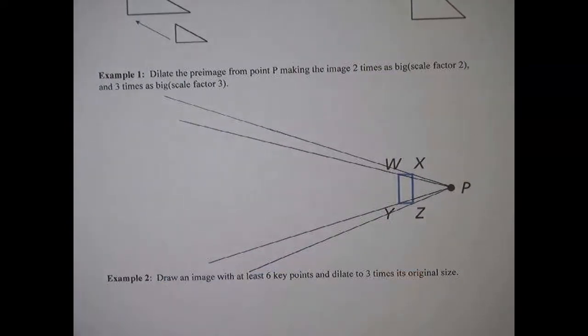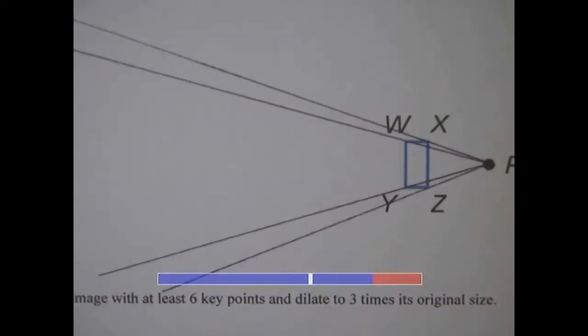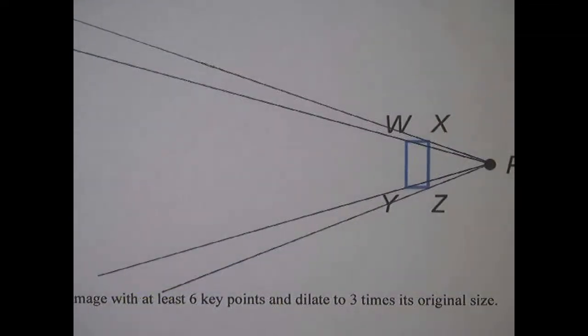Now we're ready to draw in our dilation, but we just need to use our other tool that we've used quite commonly, which is a piece of paper. You can use a ruler, but as you know, I prefer to do this on paper.